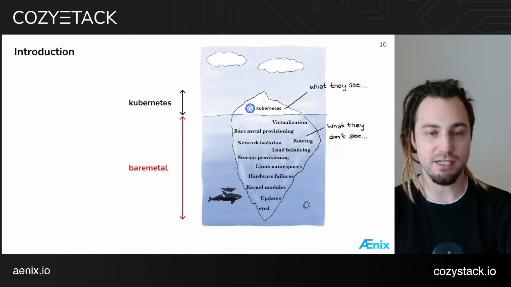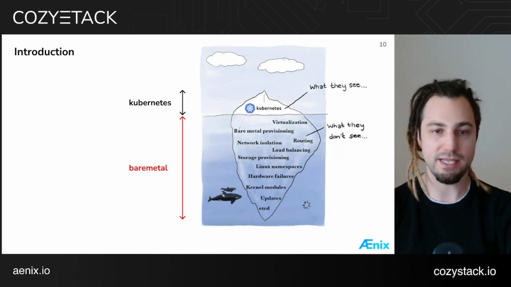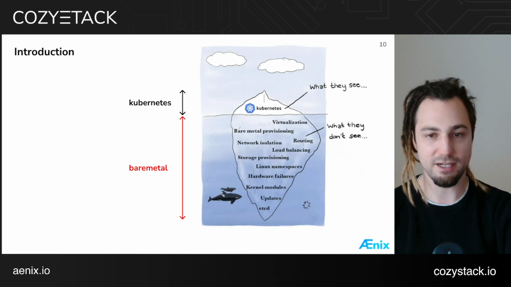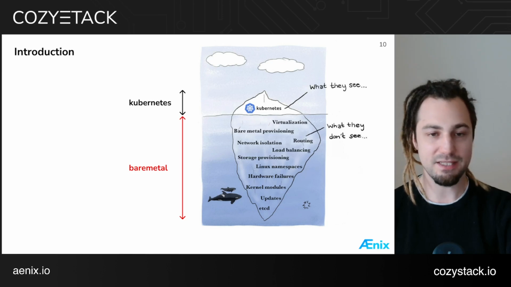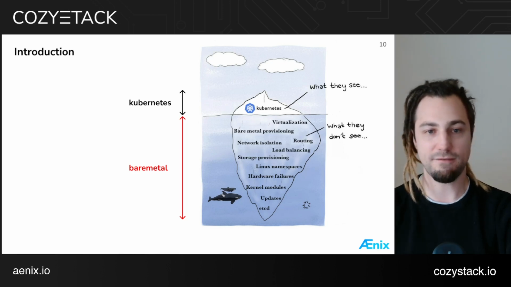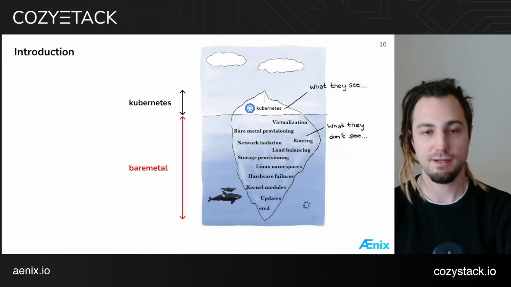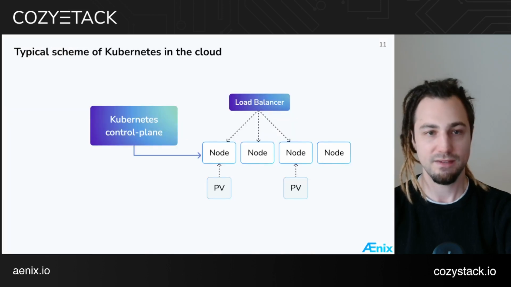So if you're a Kubernetes user, you don't want to take care of this. But from the cloud provider perspective, you should know how to do that the best way. So my presentation is more for internet service providers if you want to build your own cloud for Kubernetes.